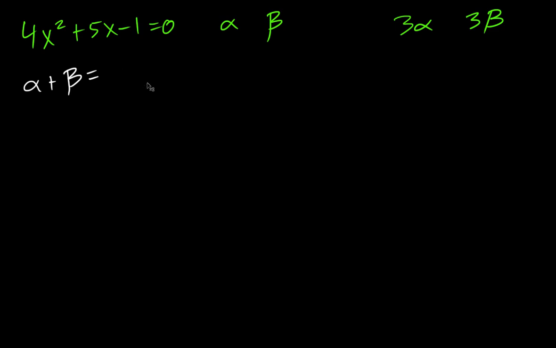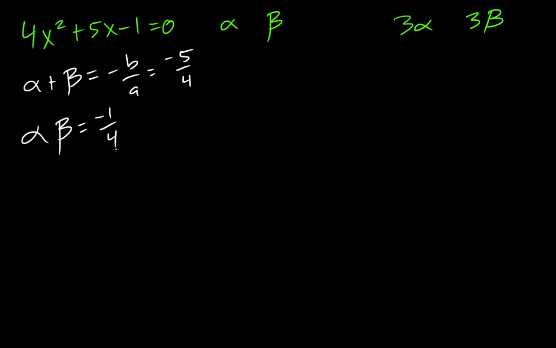Hold on, let's actually go through that. So remember, the sum is negative b over a. So we get negative 5 over 4. And then alpha times beta is going to be c over a, so that's negative 1 over 4.